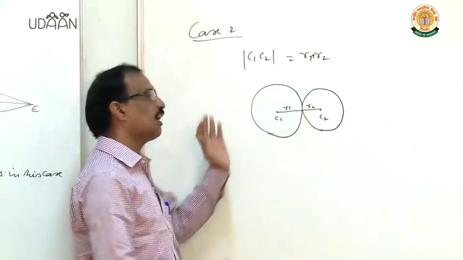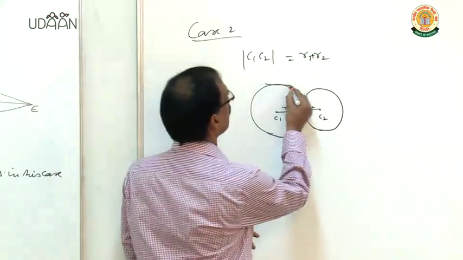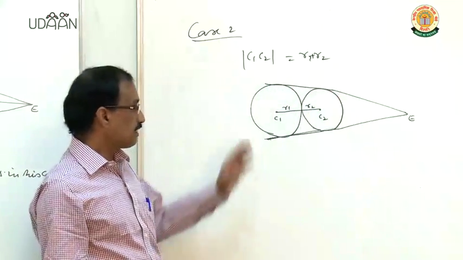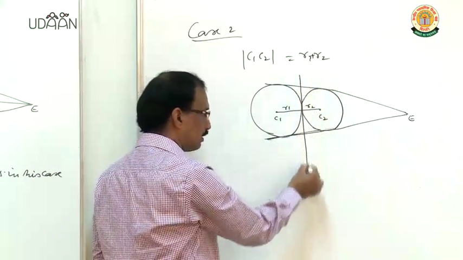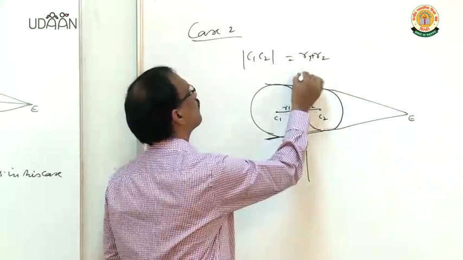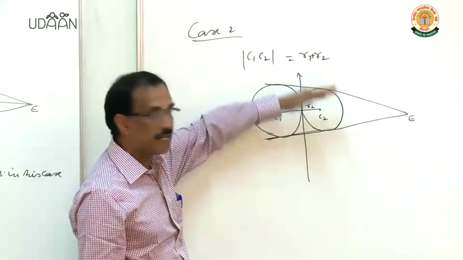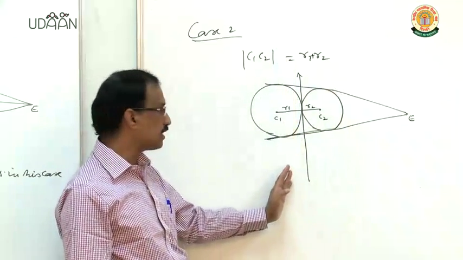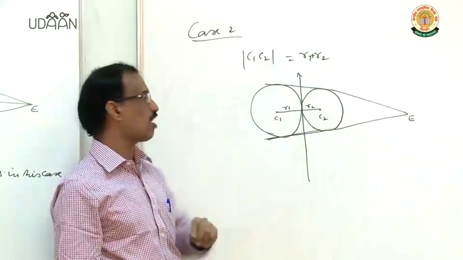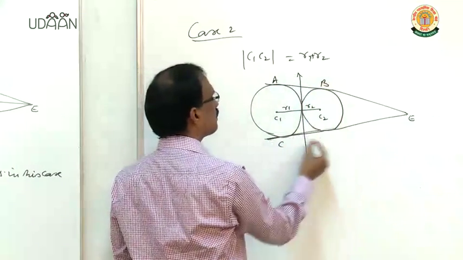Now, let us see how many common tangents will be possible. In this case you get one set of common tangents and one more tangent. These 2 are direct common tangents, and this one is the transverse common tangent, or you can also call it an indirect common tangent, that is AB and CD.